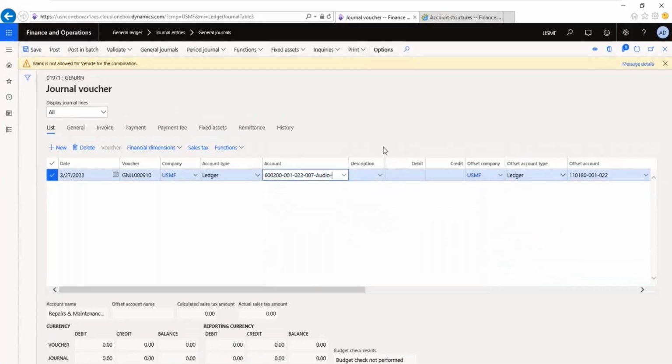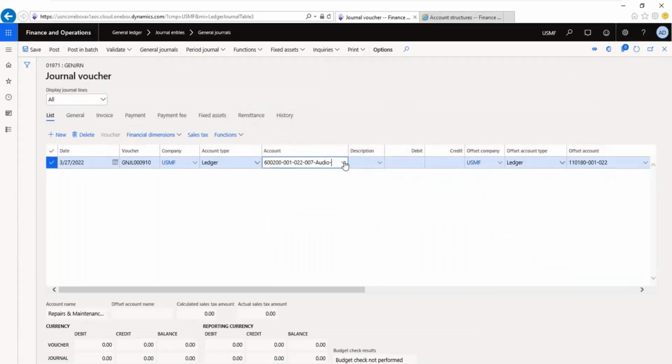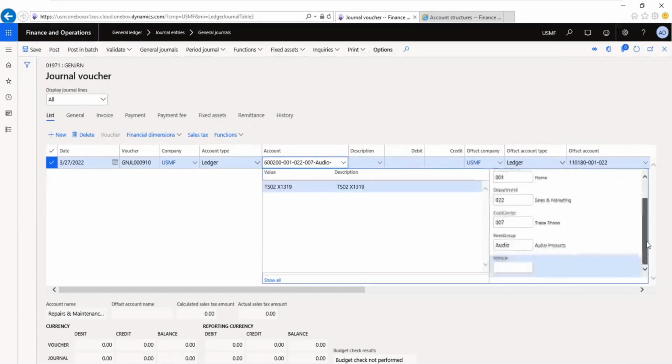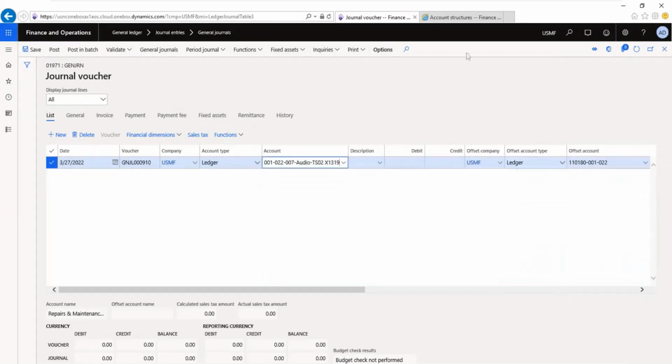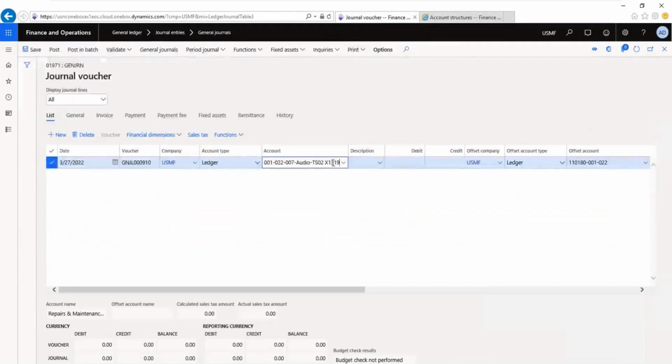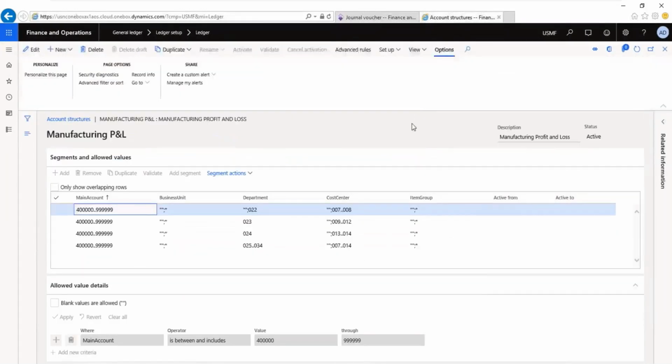All these things. Okay. Actually in this one it is giving an extra fifth option, vehicle. Actually here there are 4 only: business unit, department, cost center, item group. But an extra fifth one is coming, vehicle. The reason I will explain later.